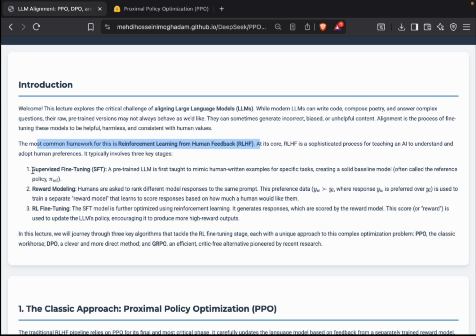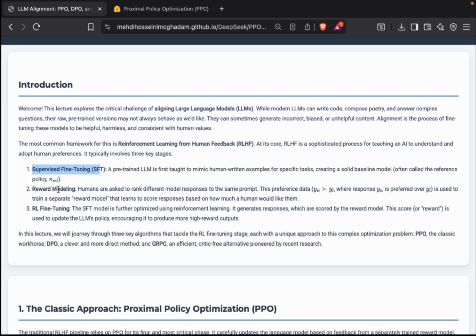So yeah, as I said, in supervised fine-tuning, a pre-trained LLM first gets taught to mimic human written examples. You can see it as the LLM trying to understand the grammar or structure of the text or language, and so on and so forth.